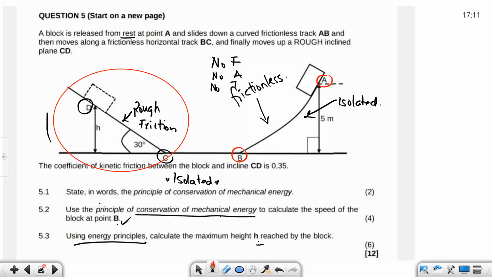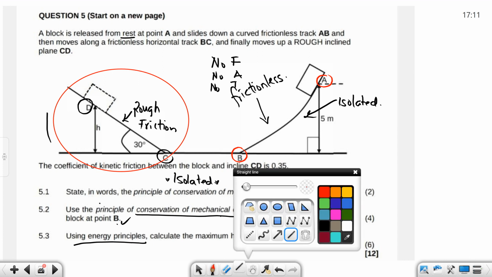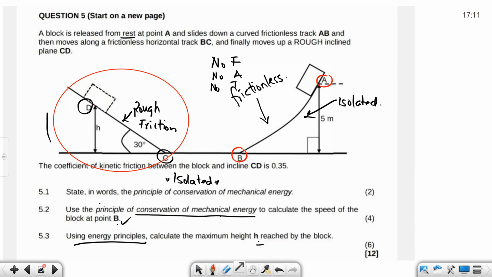In order for you to remember what to do, a quick free body diagram would just be nice. I don't need to draw it separately. I can just draw it on the object, right? What is my free body diagram going to look like? What is that? Normal force. What is that? G. How is the object moving? Up.